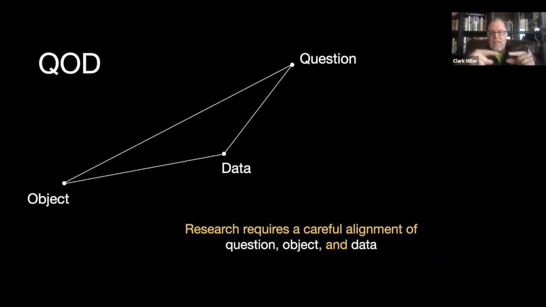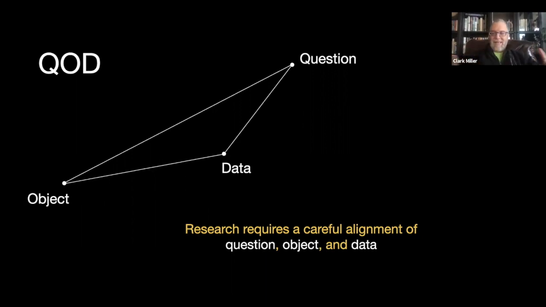These three have to align, and that's why I make them as a triangle, and that's this idea of QOD. And this is not easy. And this is not easy because there's no preordained mechanism for doing this alignment. There's no shortcut to doing the work of making the three things align.